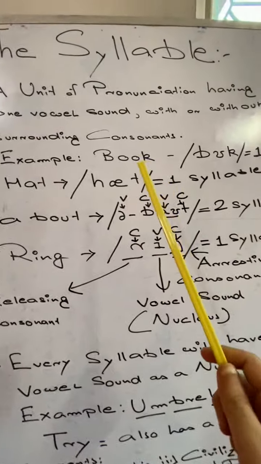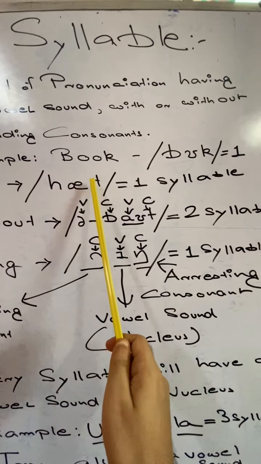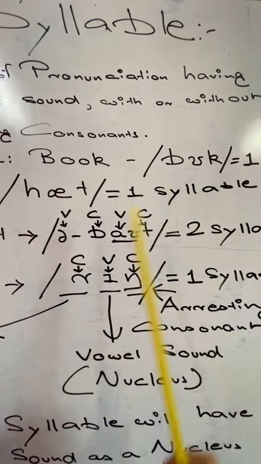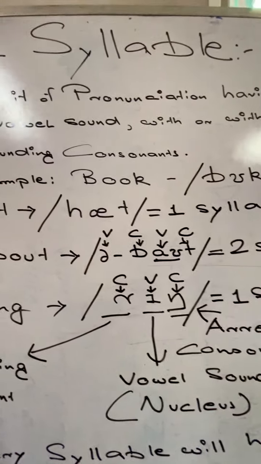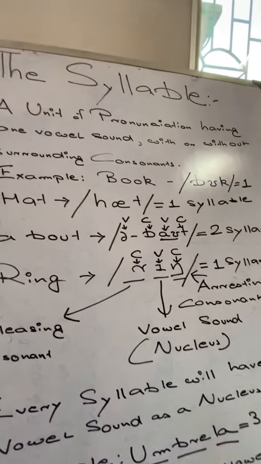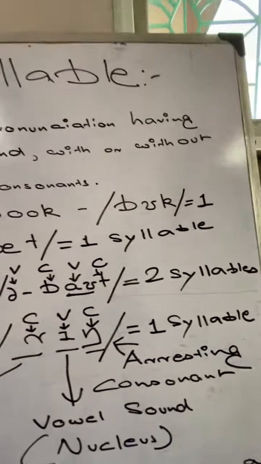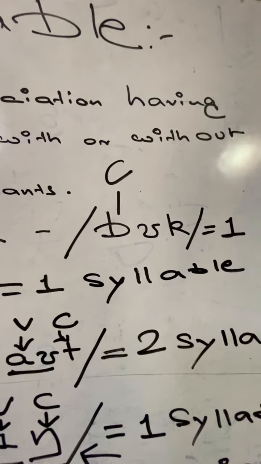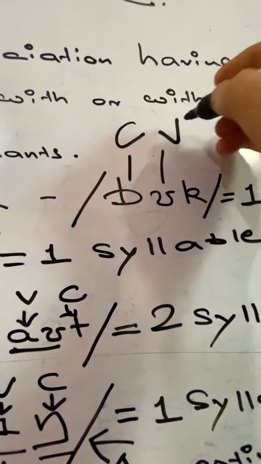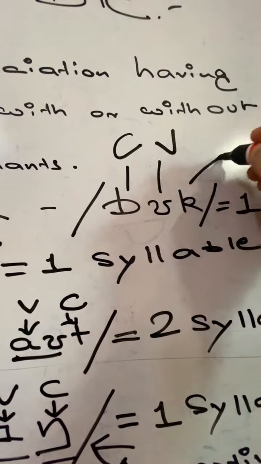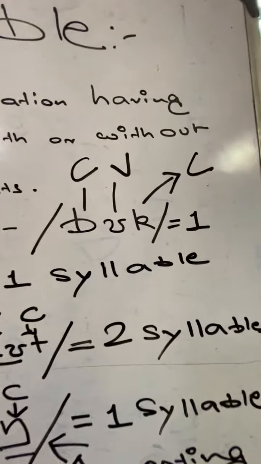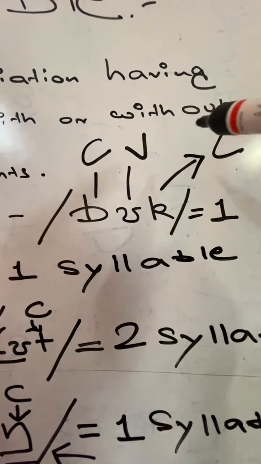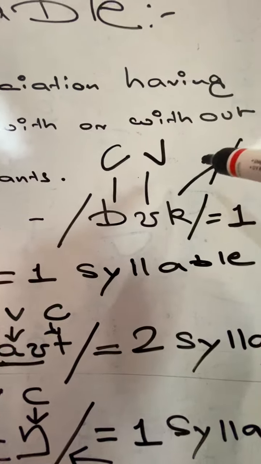Now consider the word book once again. B is a consonant, so I write C over here. U is a vowel, so V. And K is a consonant. So what is the structure of this particular syllable? Consonant, vowel, consonant.